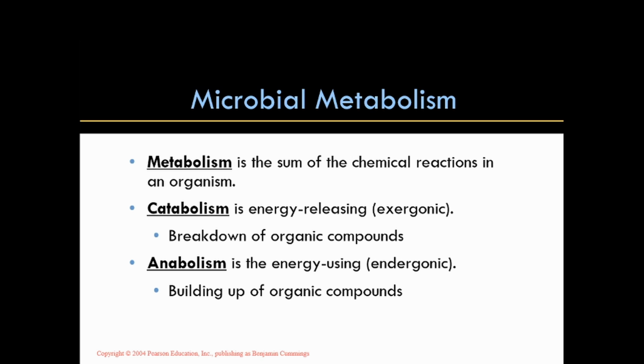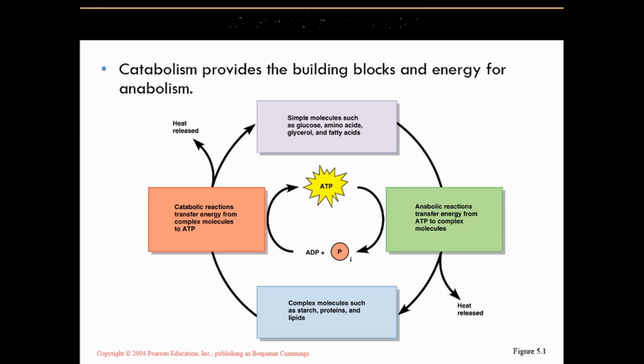We call that our metabolism. So it's the rate at which the chemical reactions occur, both the building up, the anabolic reactions, and the breaking down, the catabolic reactions. So catabolism plus anabolism equals metabolism.